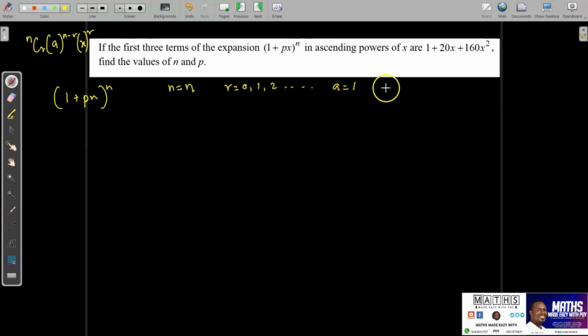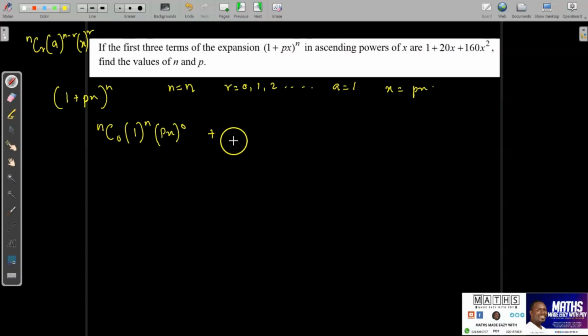And then what will be our x value represented as here? px. Thank you. So let's do our substitution, and that's going to give us the first term to be n combination 0 multiplying 1 to the power n, and then multiplying px to the power 0. Agreed?